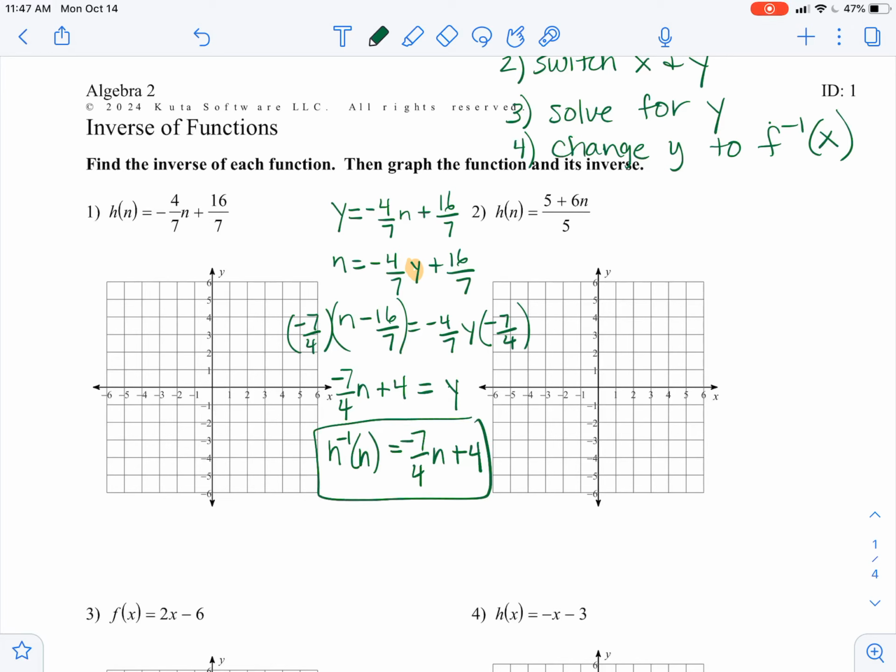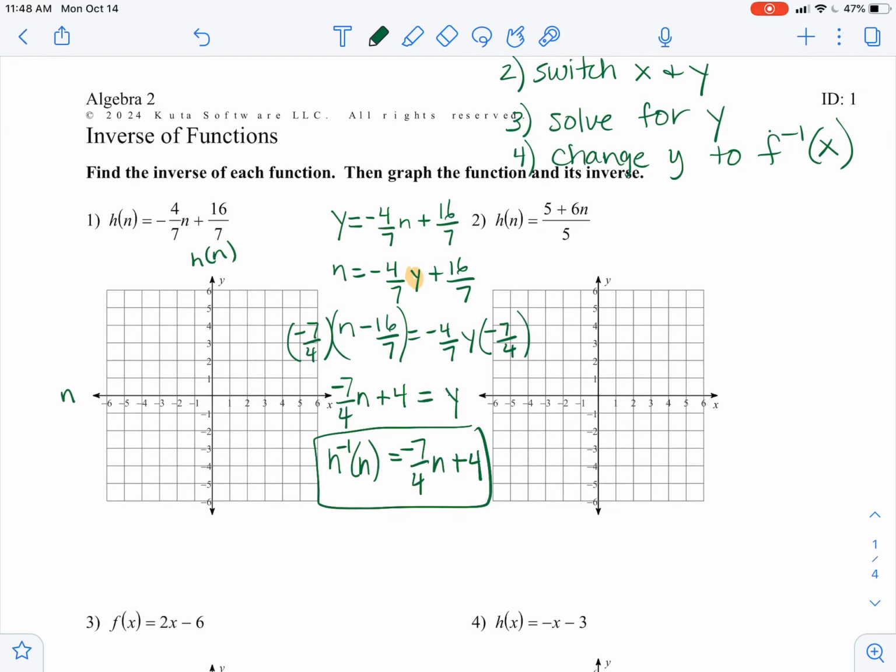Okay? Now, the next thing that we're going to do is graph. And in this case, this is your n, and this is your h of n, okay? And like I said, you're always welcome to switch those to x and y's if you're more comfortable with that. And so we're going to first graph our original equation. So that would be 16/7, which would be 2 and 2/7.